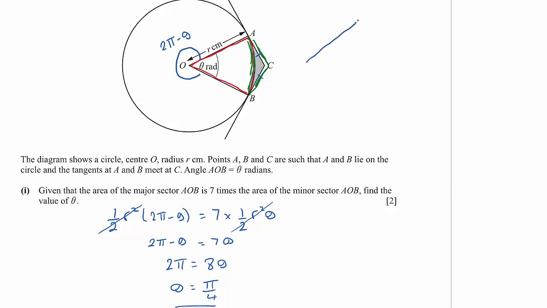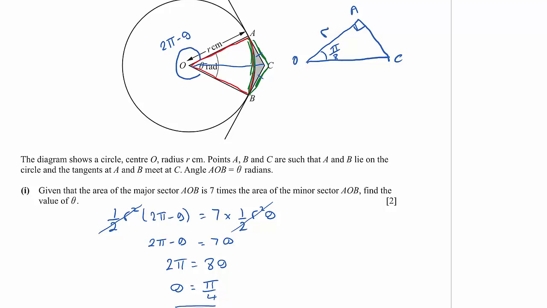So let's just draw out here OAC. And the tangent property, we know that tangents and radii meet at right angles, so that's a right angle. And this is r here. And there's a symmetry here. So this angle would actually be pi by 8, half of the theta.